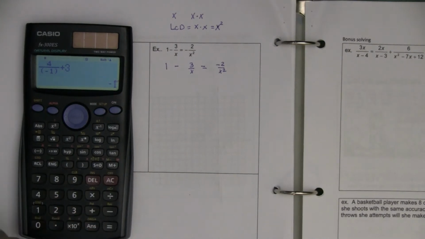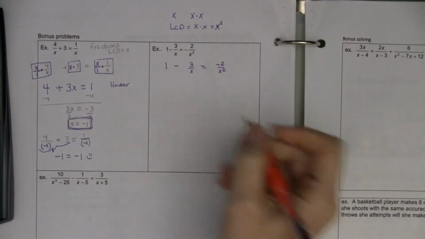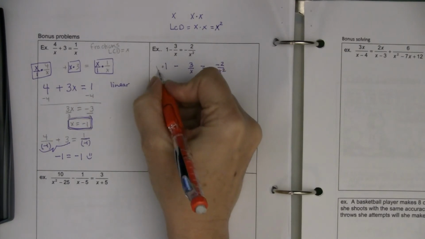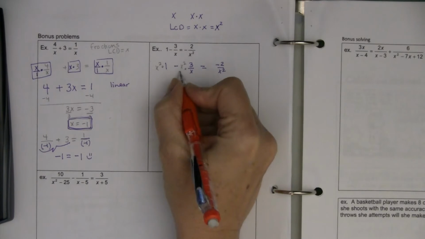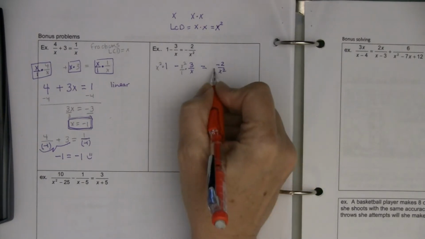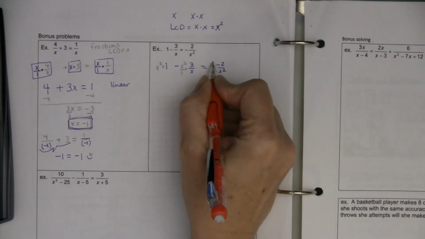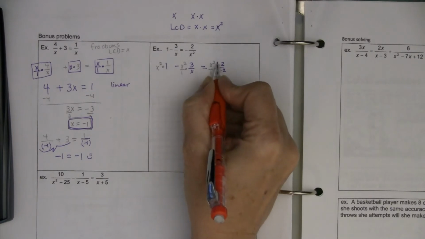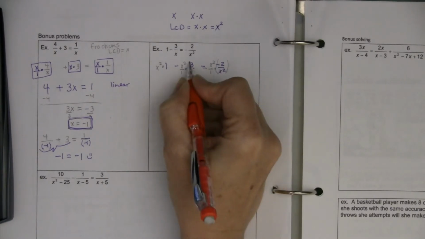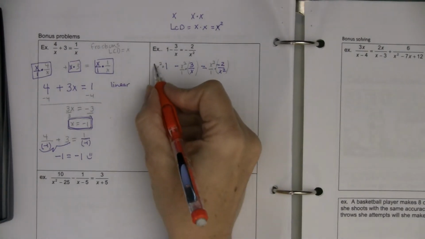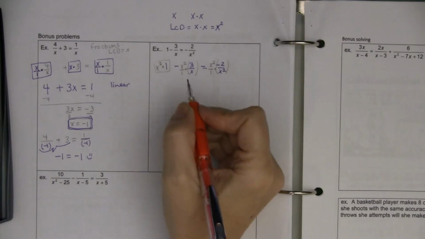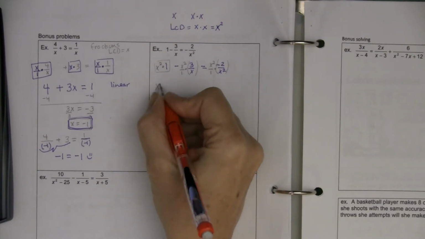So I'm going to go right here and I'm going to multiply by x squared. I'm going to multiply by x squared over 1, and then multiply right here by x squared over 1. I can put parentheses around that whole thing if it makes you happy. When I multiplied this together, I got x squared.